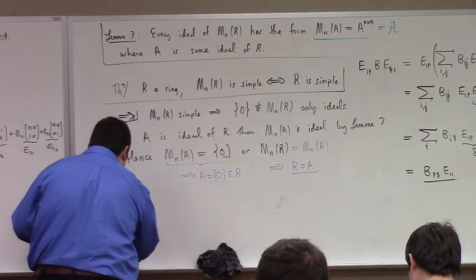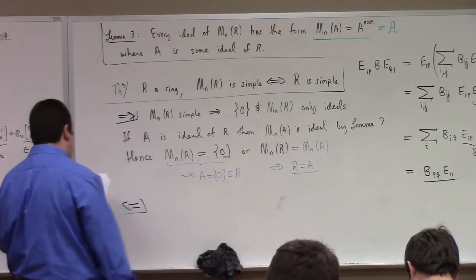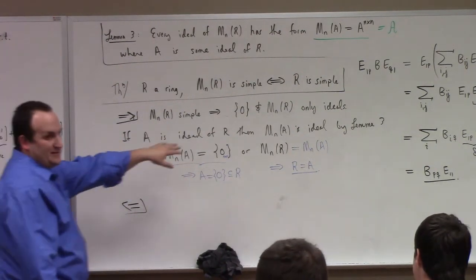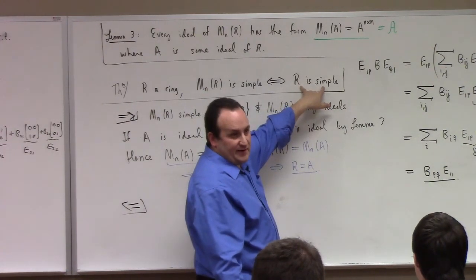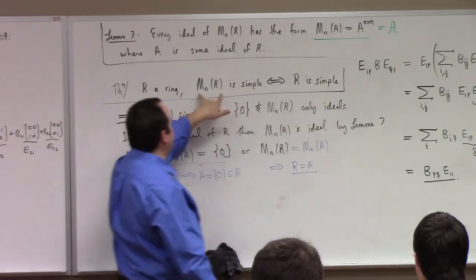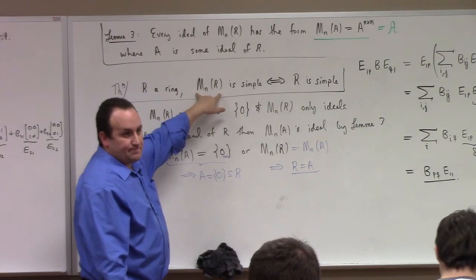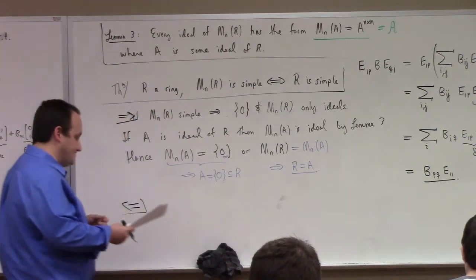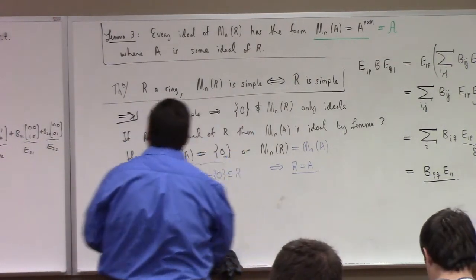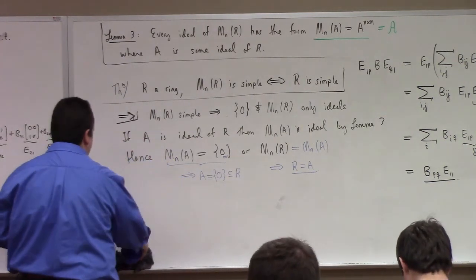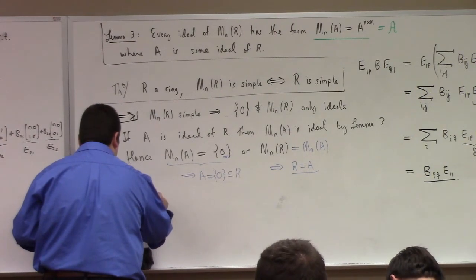The other direction here, if R is simple, well, the other direction's clear. I mean, if R is simple, then what? If R is simple, then only 0 and itself are ideals of it, right? Consequently, the only ideals of this, by the lemma, are the 0 matrix ring or the whole matrix ring. Okay. And a corollary to this theorem, so I'll just say the converse direction is similar.